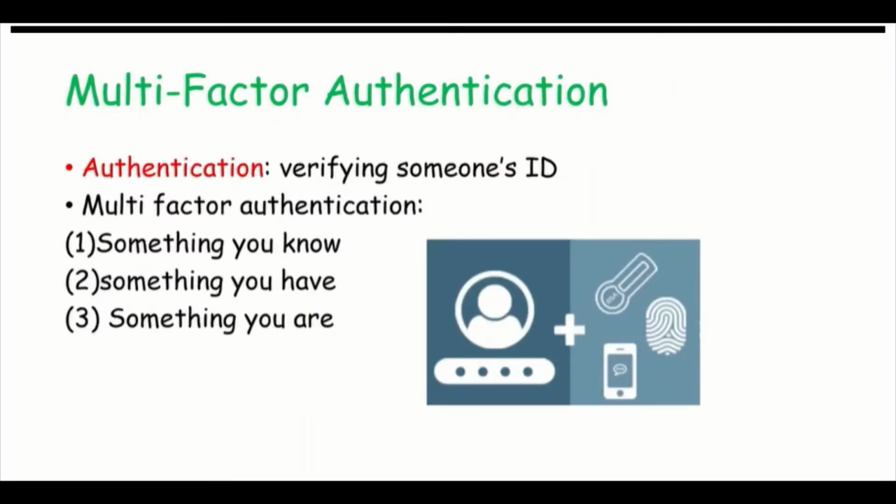Multi-factor authentication deals with three factors: something you know, something you have, something you are. So something you know could be your username and password. The other factor would be something you have. So an RSA token or PIV card. Then something you are would be your biometrics, so your fingerprint, your facial recognition.